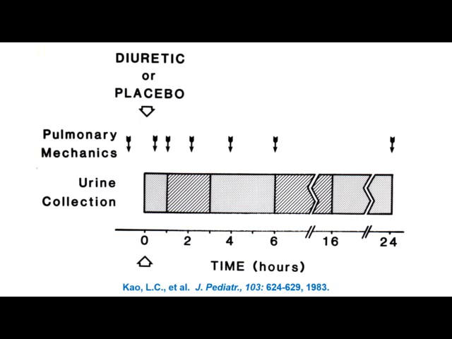She gave diuretics or placebo to babies with bronchopulmonary dysplasia and measured their pulmonary mechanics. She had a baseline measure, measured time zero when the diuretics were given, and then measures at about 30 minutes, 1, 2, 4, 6, and 24 hours after a single dose, in this case, of Lasix given IV.